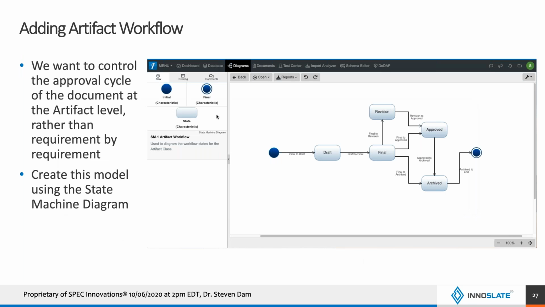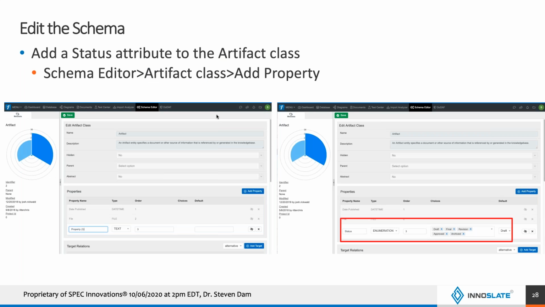Another thing is the artifact workflow. If you do want to go through and add, like for the artifacts, and have them look at specific documents and do a workflow with that and have reviewers have different aspects of that, you could set up a process in the state machine model to give you the idea of how you'd want to modify the schema, and then how you'd add that attribute to it to give you those different steps.